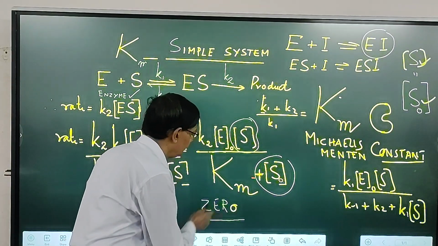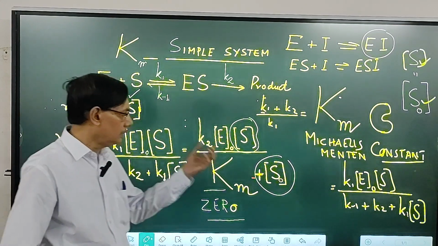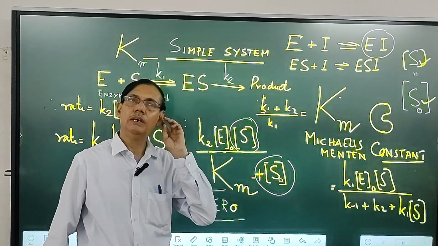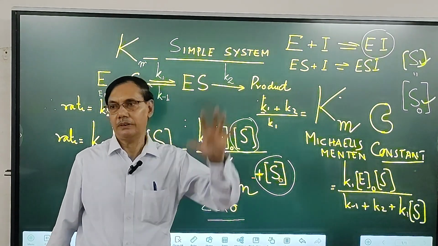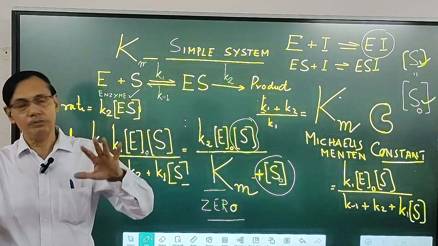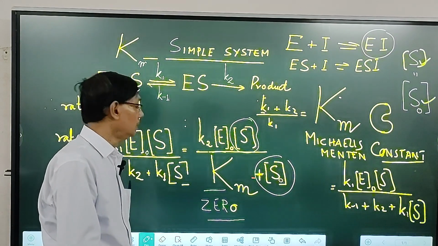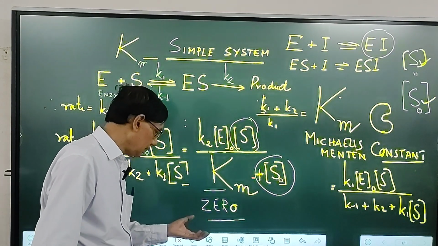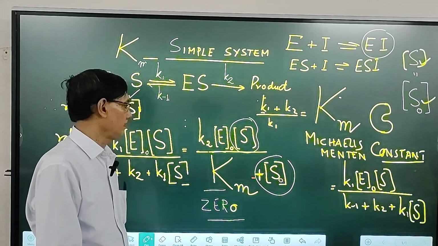If you read the research papers of Michaelis and Menten, as I already told you, they have done many experiments, and on the basis of those experiments they concluded that there may be a possibility of zero order reactions or first order reactions.